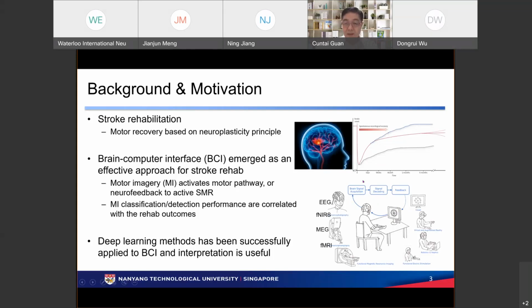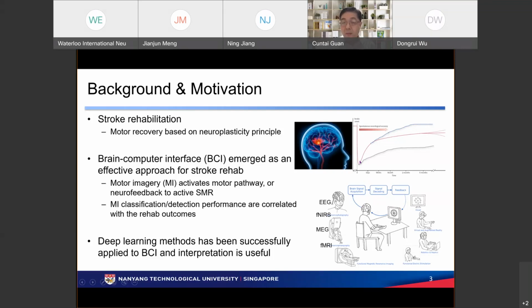Once a person has a lesion or an attack by stroke, the motor function will dip, and after time, depending on the treatment and rehabilitation, some patients may recover faster, coming back to normal within a few weeks or a few months.